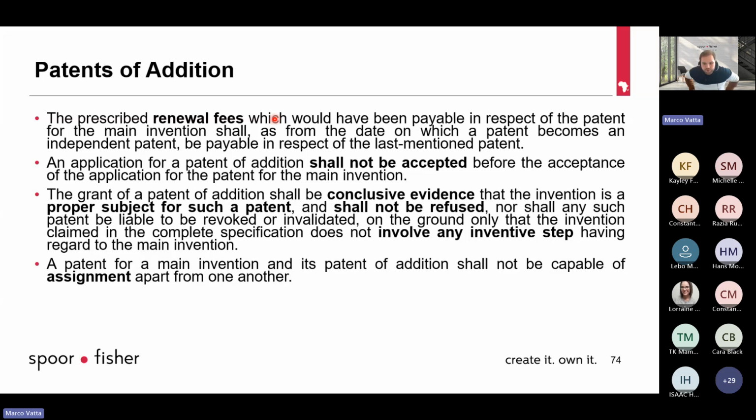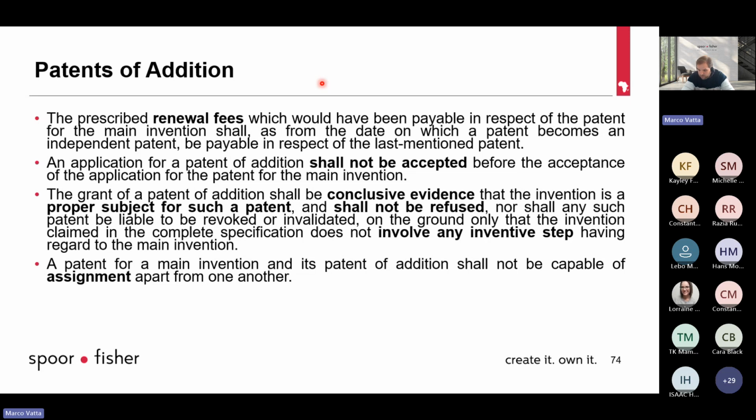In terms of renewal fees, they are ordinarily not paid for patents of addition. So the prescribed renewal fees that would ordinarily have been payable on the main invention, should it have been revoked, will then become payable on the patent of addition.